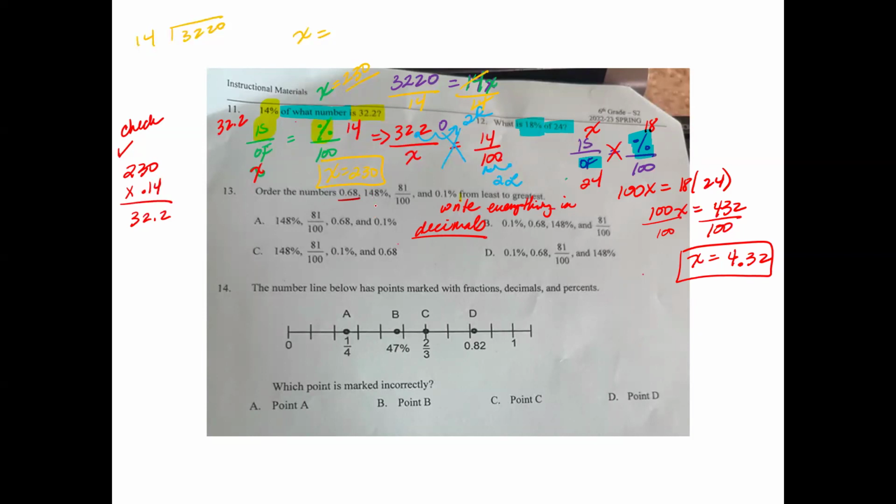How do you write 148% in decimals? Move 2 spaces to the left. So what is your answer here? What is it? 1 point.